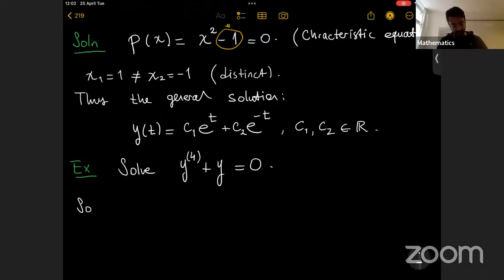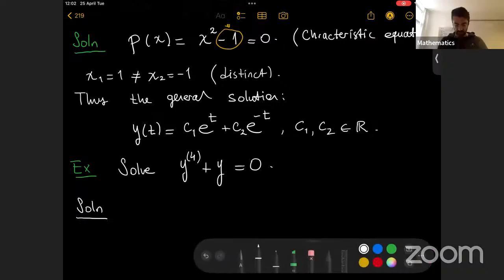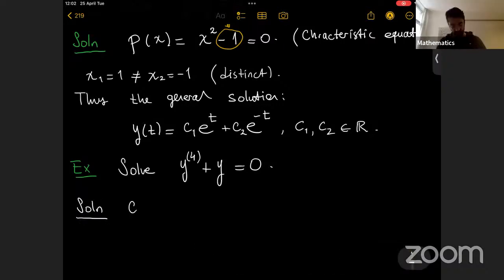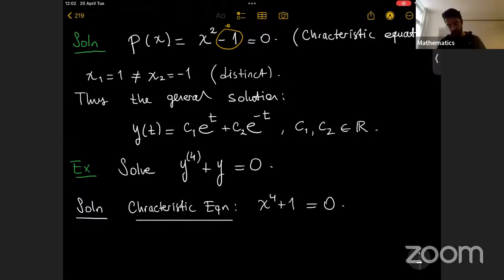To solve this, again we write the characteristic equation. The characteristic equation is lambda to the 4 plus 1 is equal to 0.